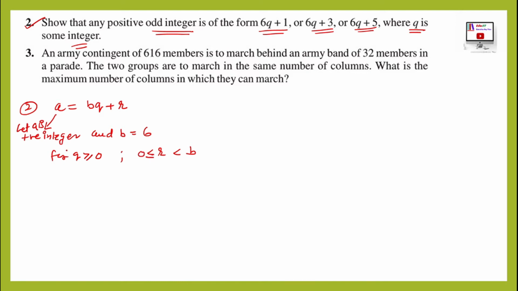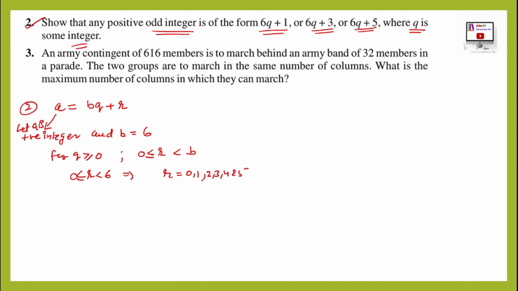So for this case, the value of r will be less than b, means less than 6, and greater than or equal to 0. That means r is equal to 0, 1, 2, 3, 4 and 5.